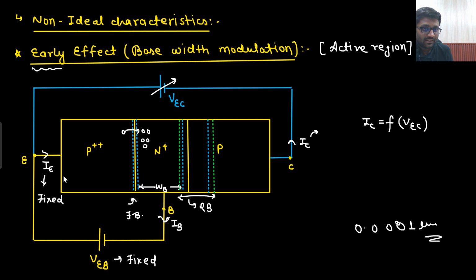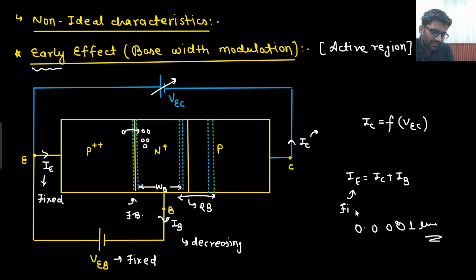Sir, if this is fixed and you are saying that IB is decreasing, why is IB decreasing? Because lesser base width is there. If lesser base width is there, that means less recombination. That means this is decreasing. If this is decreasing, and you know that IE is equal to IC plus IB. So this is fixed, this guy is fixed, and you are saying that this is decreasing.